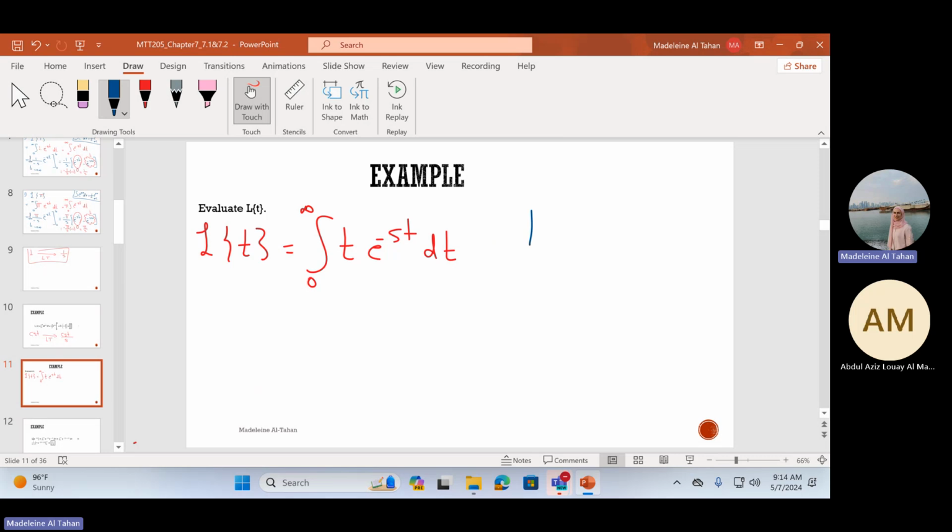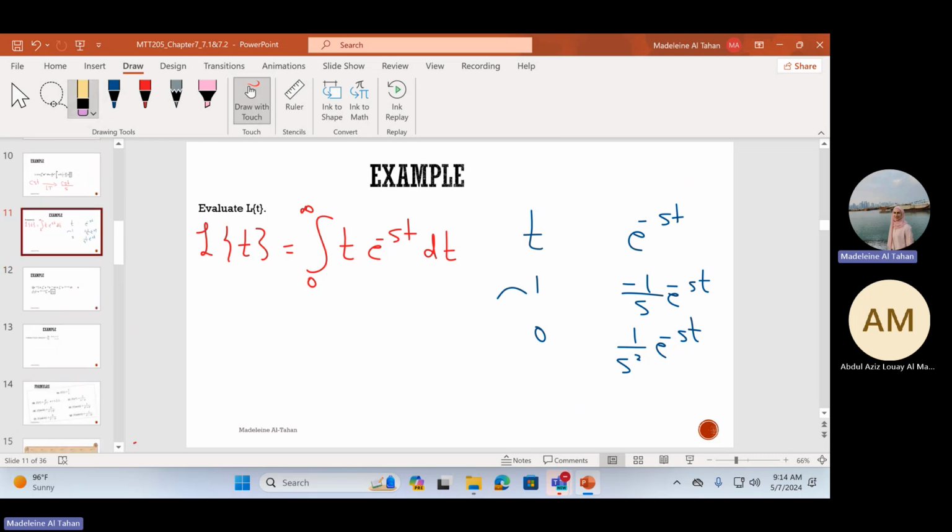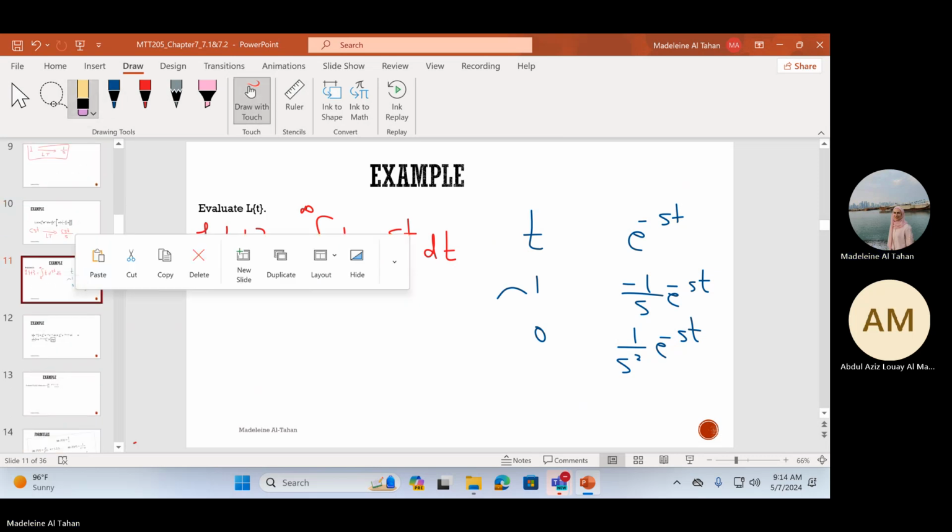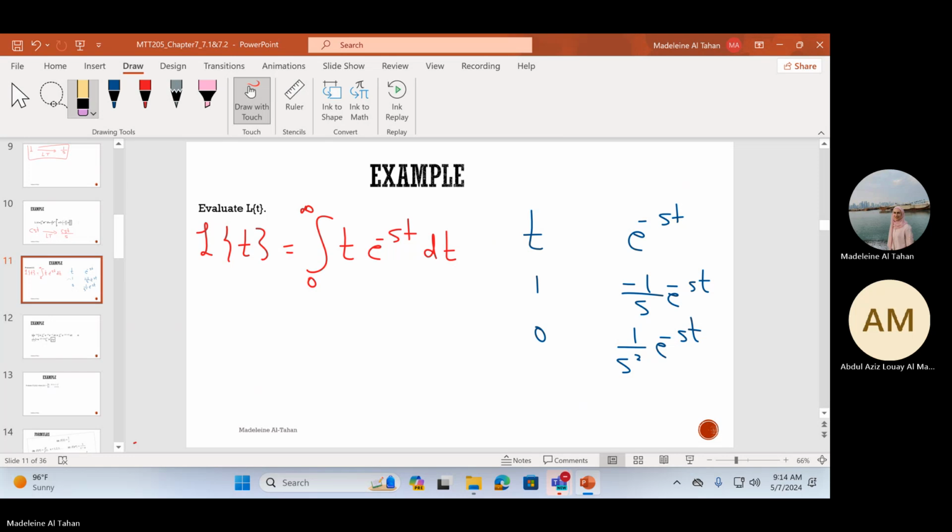We put here the polynomial because it reaches 0, and here we put e minus st, then the integral of it, and then the integral. So here we are applying tabular integration. Then what do we put here?